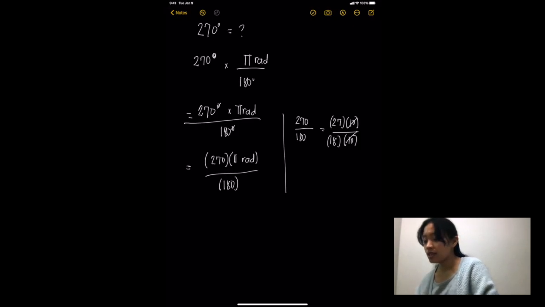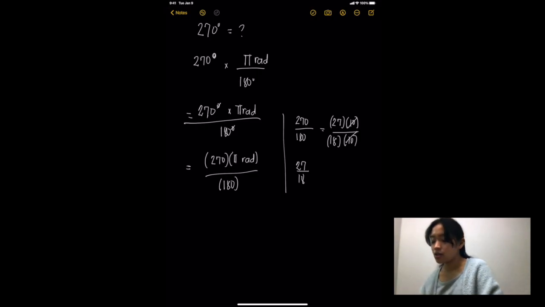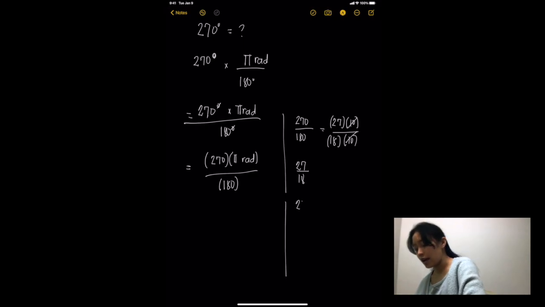Since they are both present in the numerator and the denominator, I can simply cancel out 10 over 10, because anything that you divide by itself is just 1. So I'm now left with 27 over 18. Do you think there are other factors that are common both to the numerator and denominator? Let's try.